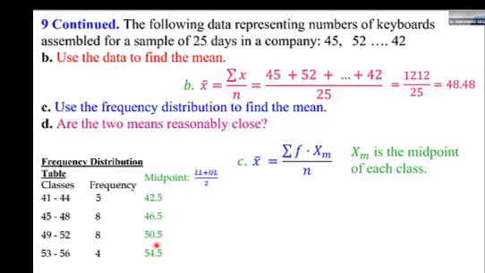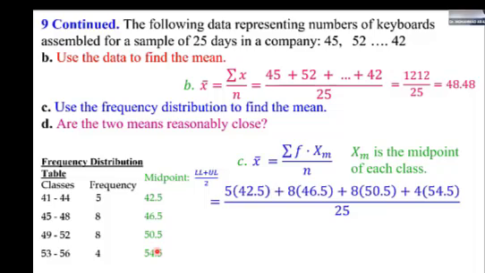Now, to do this, we are going to multiply this column by this column. In other words, 5 times 42.5, 8 times 46.5, 8 times 50.5, 4 times 54.5. Add them up, divide by n. N is the same n, 25, because even if you don't have it here, you can add up those frequencies, and they give us n equals 25.